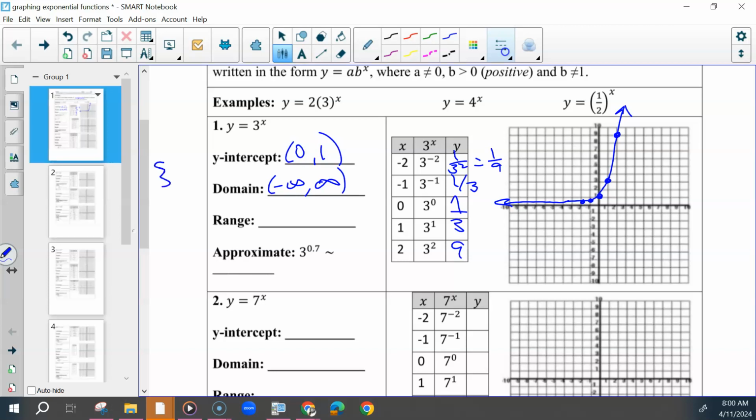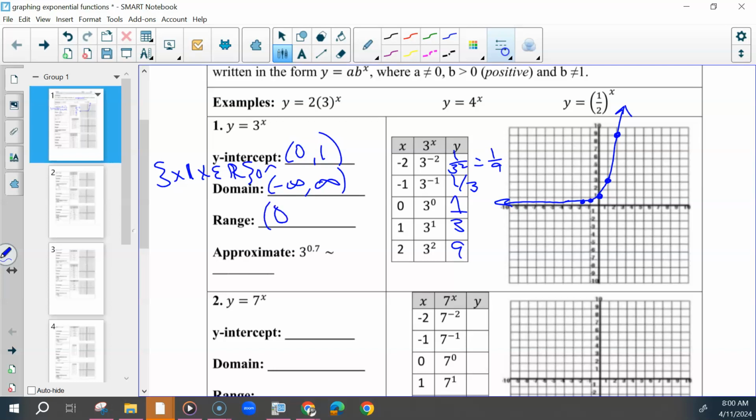I'm going to write that in set builder notation also, so we recognize what it looks like. Now for our range, this is where it gets tricky, because we want to say negative infinity, but it doesn't actually go past 0. So we're going to say it starts at 0, but it never actually touches 0, so it's not included.